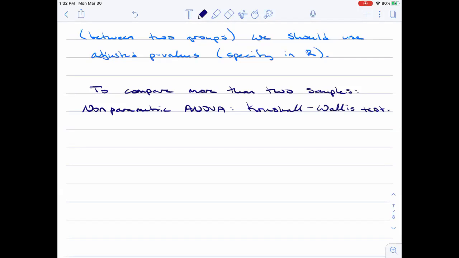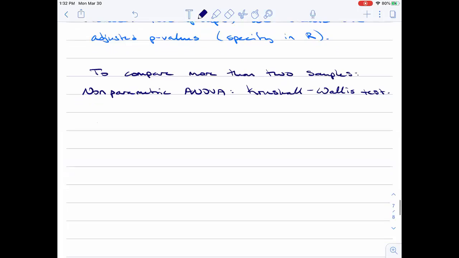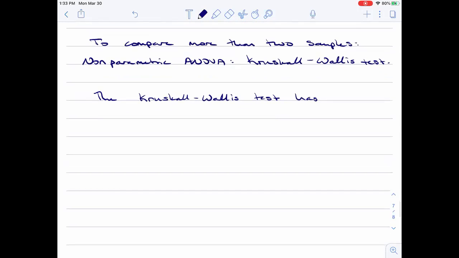The Kruskal-Wallis test has the same conditions as the Wilcoxon Mann-Whitney test.